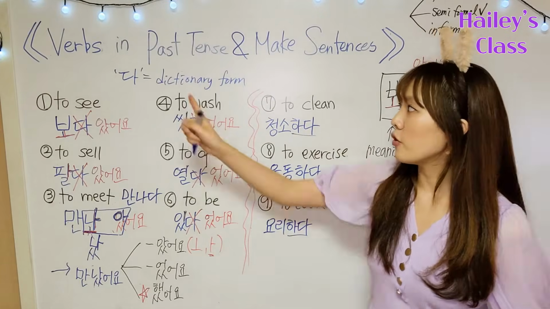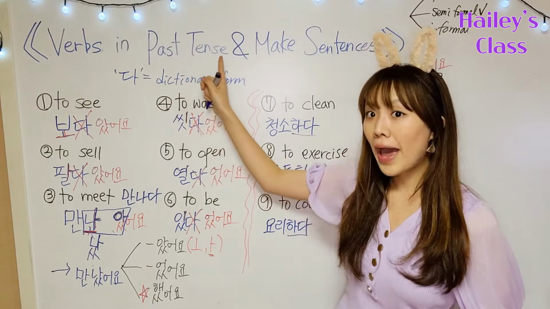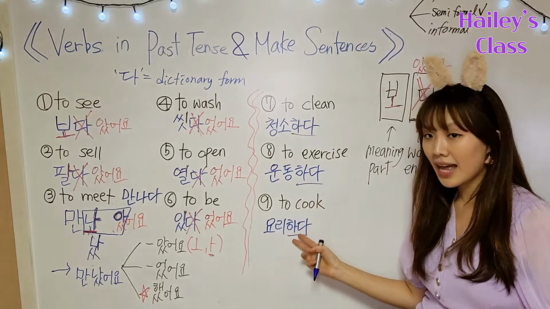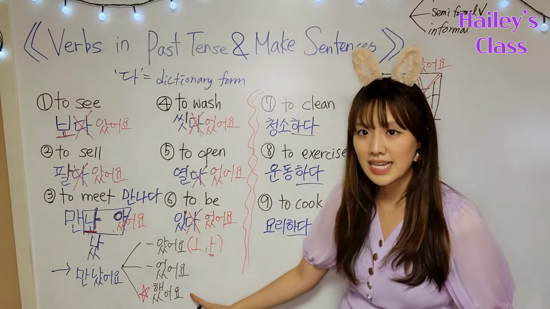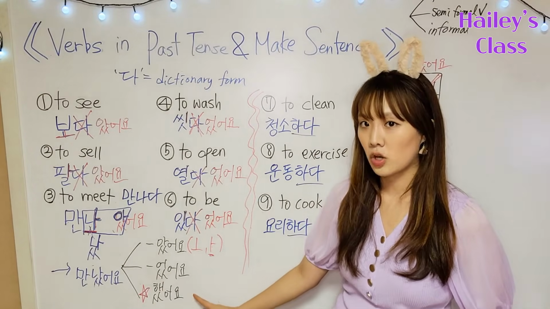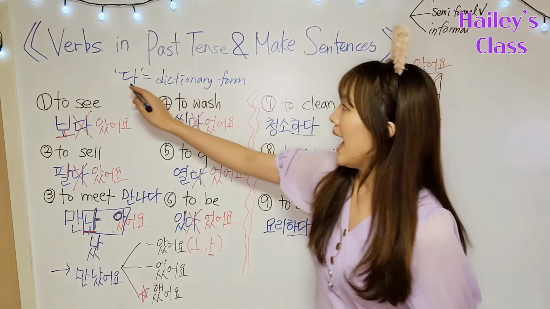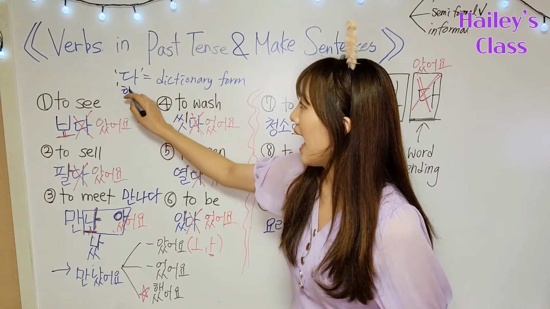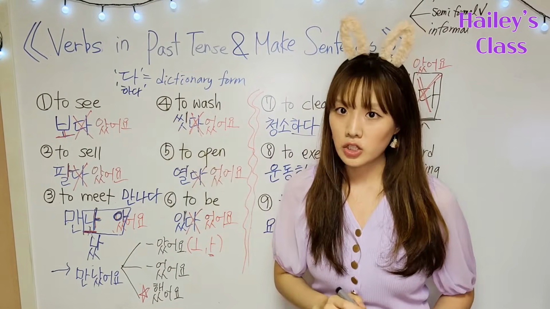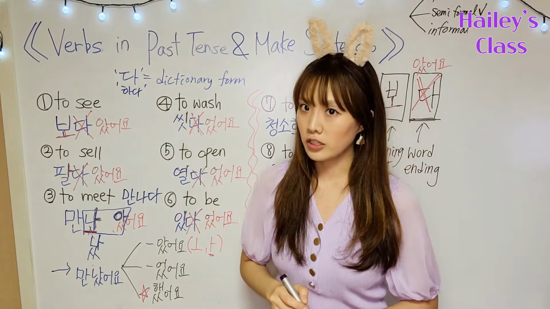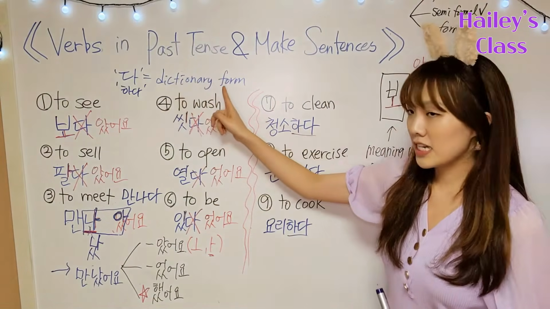So when you make a past tense verb and you see the hada part, we have to choose this 했어요 part. So 하다 is actually a dictionary form. Got it? Good.